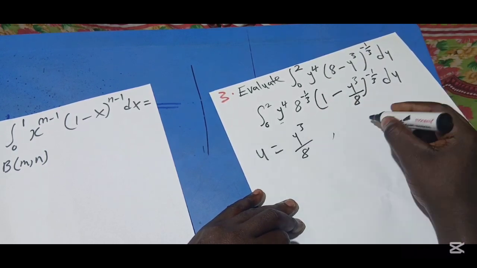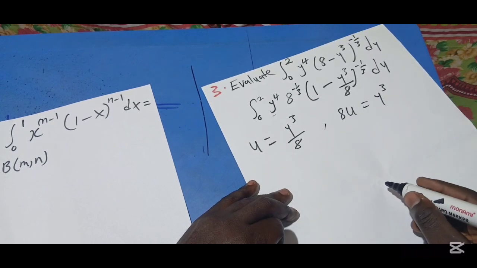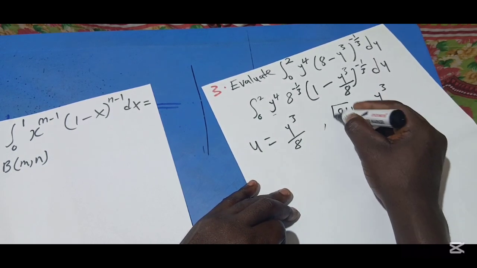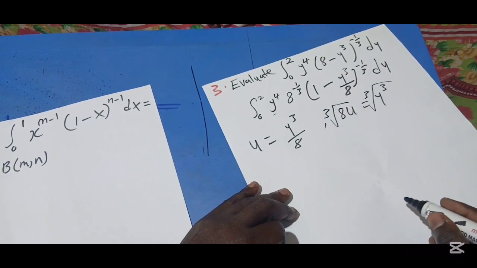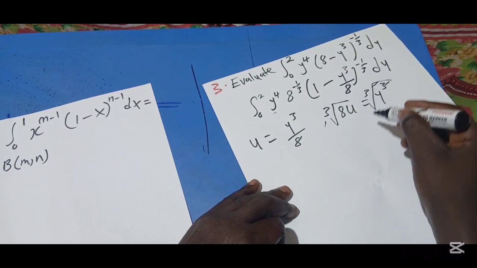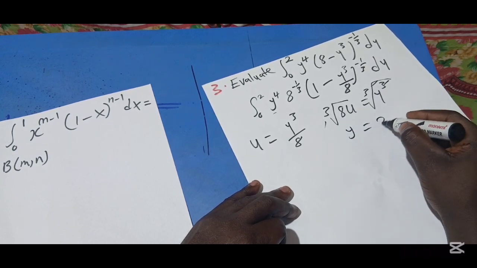Multiplying through by 8, we get 8u equals y cubed. Then let's take the cube root of both sides, and we have y equals the cube root of 8, which gives us 2.